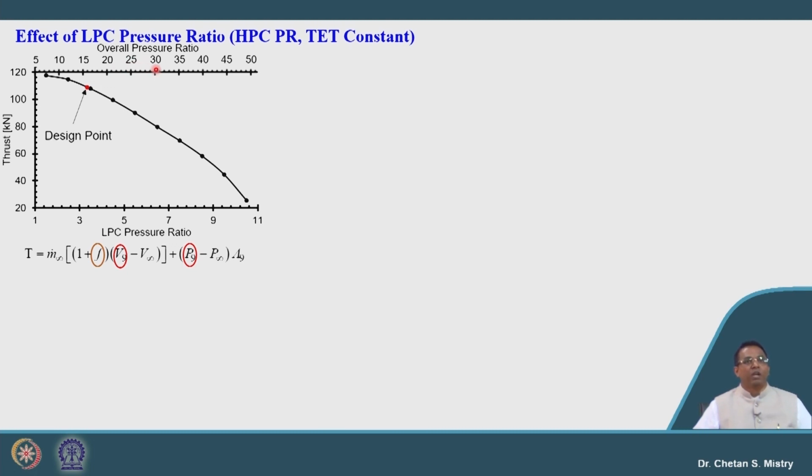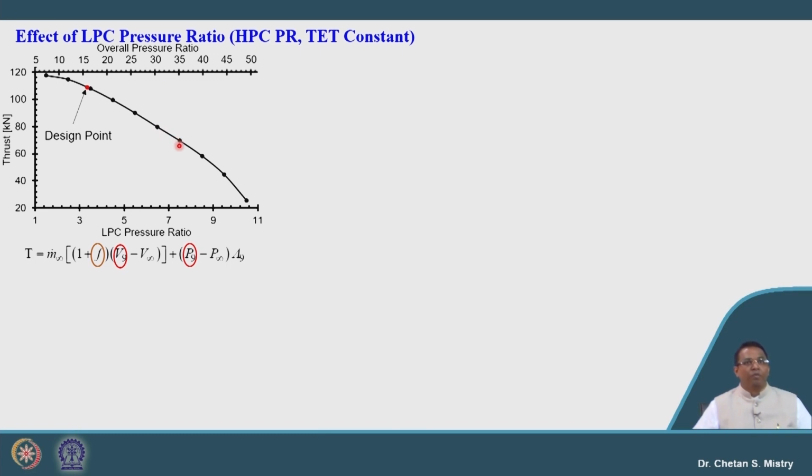If we look here, this is our design condition. Now, let us try to understand this curve. What it says is, if I increase my LP pressure ratio, or we can say when I increase my overall pressure ratio for the two spool configuration, we will see our thrust reducing. Here you can see there is a reduction of the thrust.